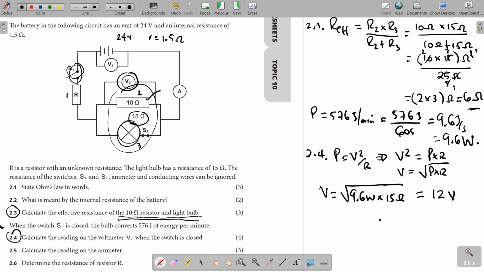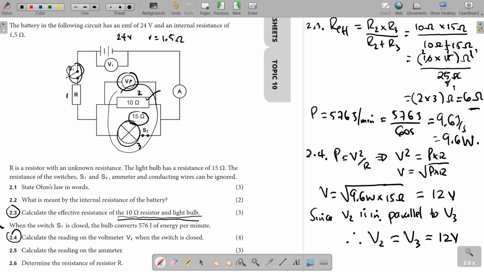And you know that since V2 is in parallel to V3, therefore V2 equals V3 equals 12 volts. So we've calculated the voltmeter reading of the V2 voltmeter.